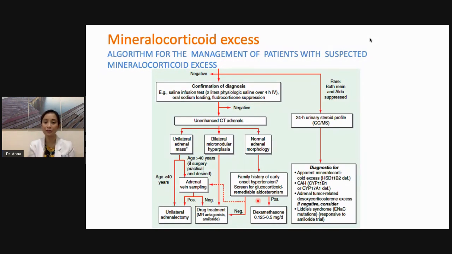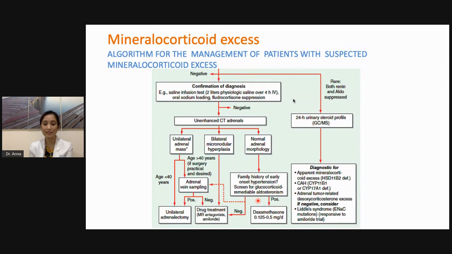We do saline loading, no? If you load the patient with saline solution or even oral sodium, your expectation is that your aldosterone will go down. If it remains elevated, then you have excess aldosterone production. And then now you proceed to look for the cause.